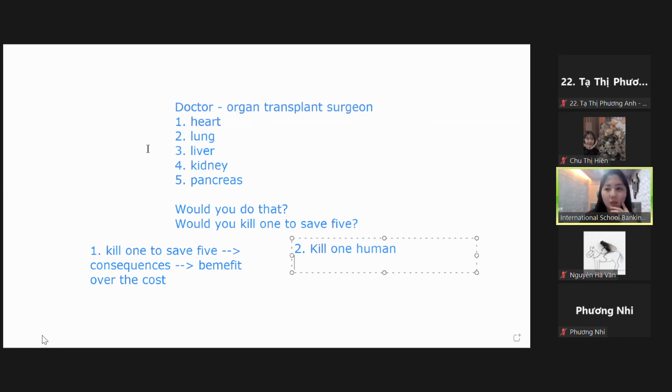What do you think? A person killed Hitler in order to save many Jewish people. Would he be accused as a murderer?